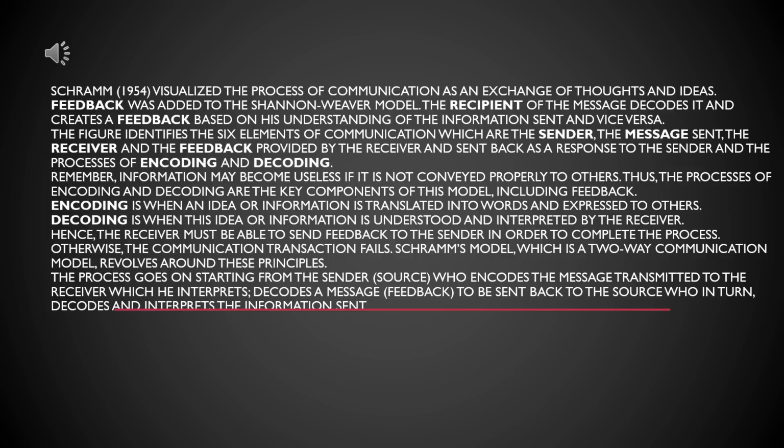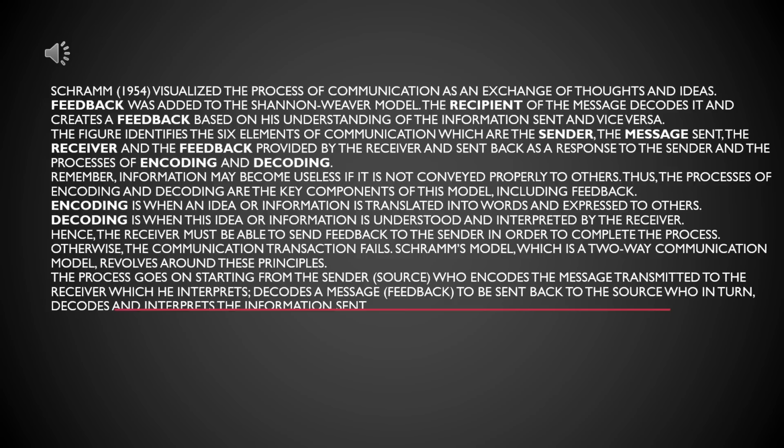Thus, the process of encoding and decoding are the key components of this model, including feedback. Encoding is when an idea or information is translated into words and expressed to others. Decoding is when this idea or information is understood and interpreted by the receiver. Hence, the receiver must be able to send feedback to the sender in order to complete the process.